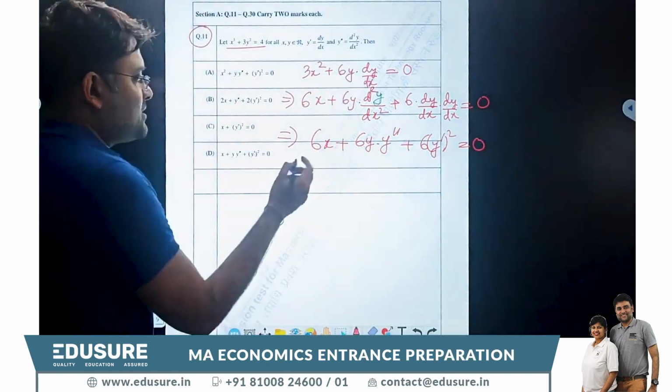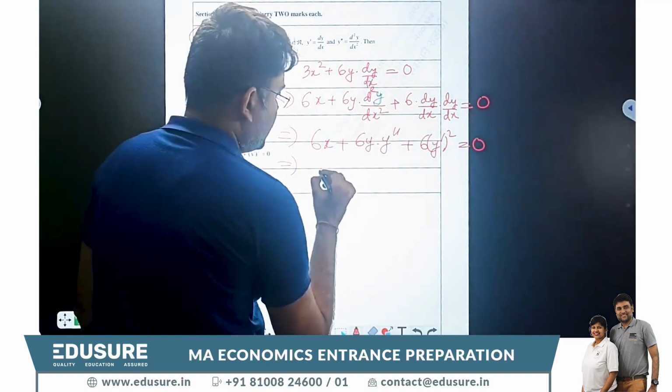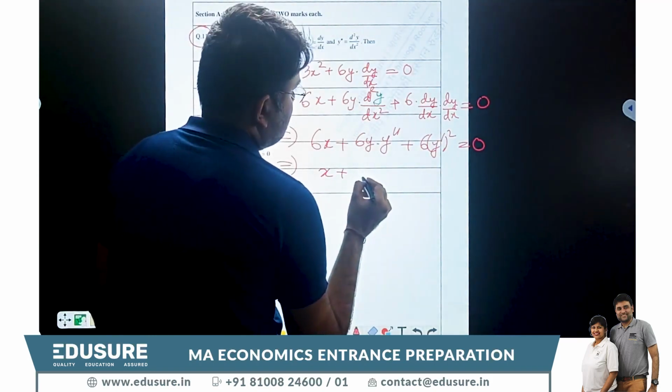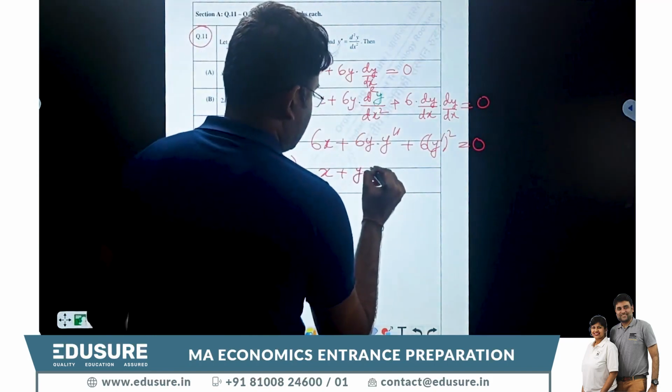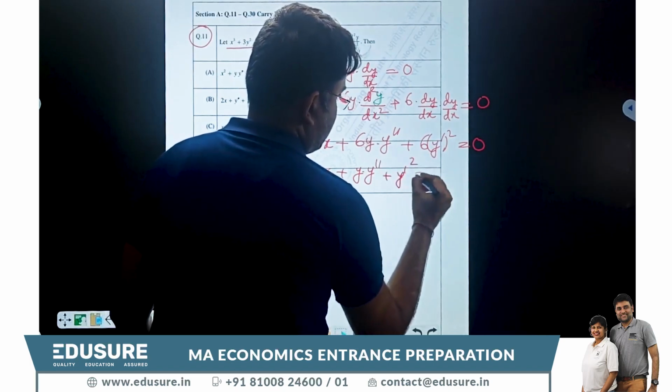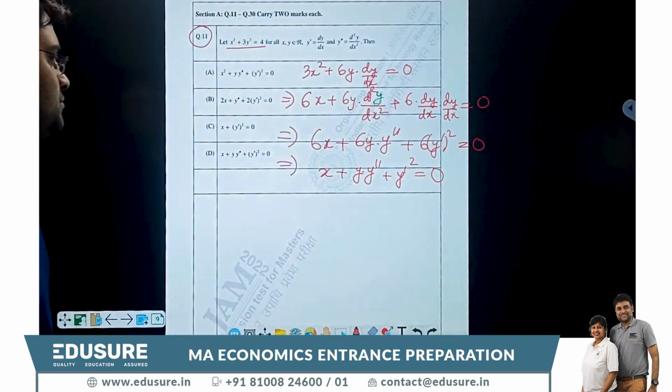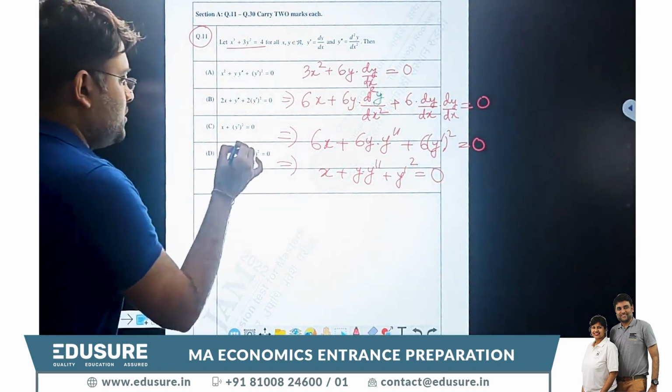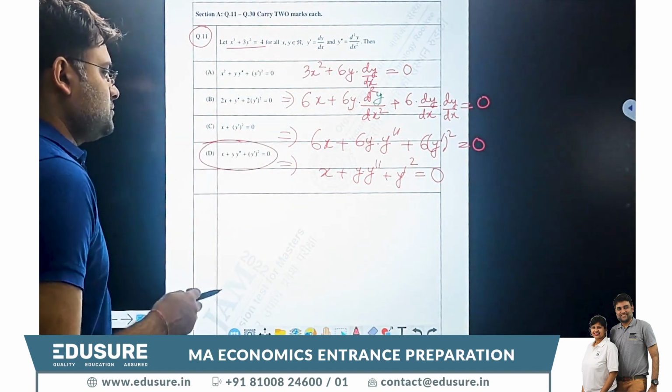Now I can take 6 common and remove it. x plus y into y double dash plus y dash square is equal to 0. Yes, see, this is my answer.